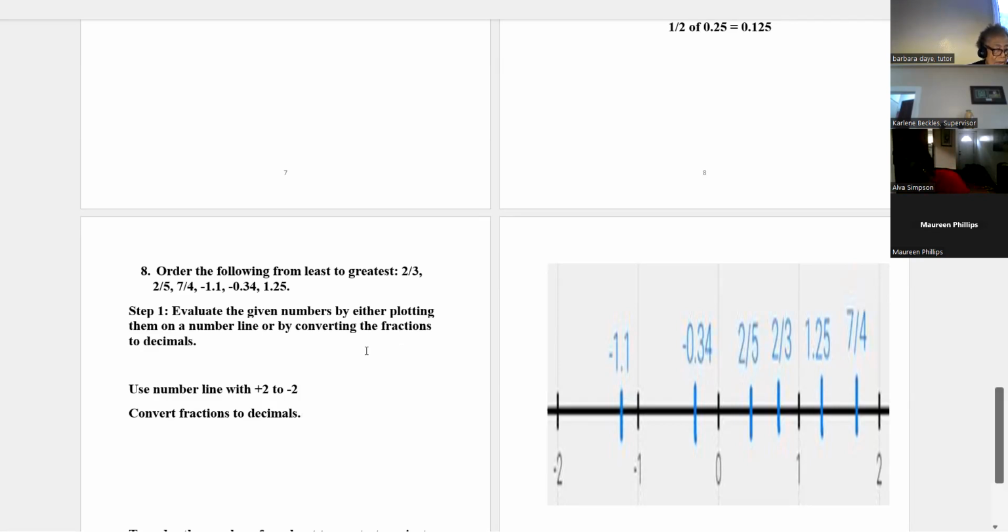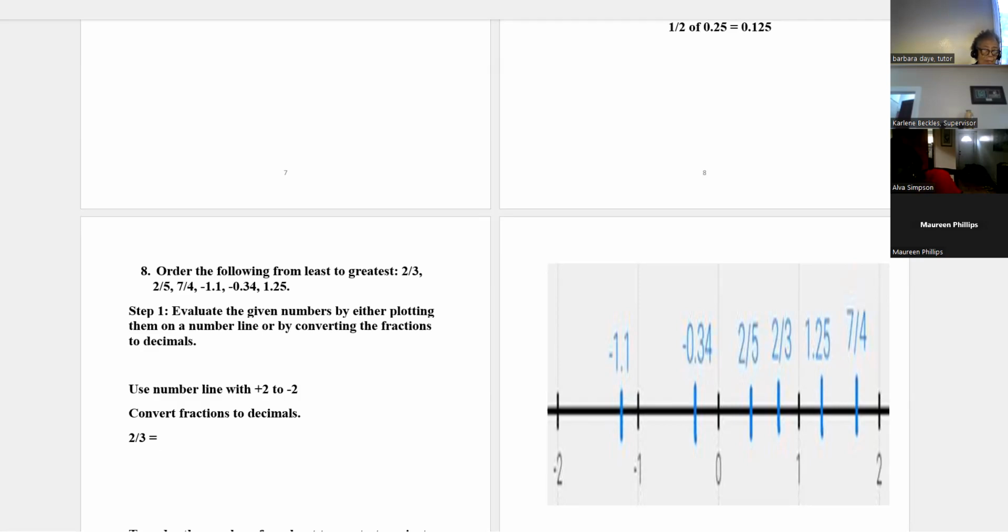Now, I'll help you out on your conversions, unless you can tell me. Maureen, 2/3 is equal to what decimal? No, 2/3 is what as a decimal? No, 2/3 is 2 divided by 3.